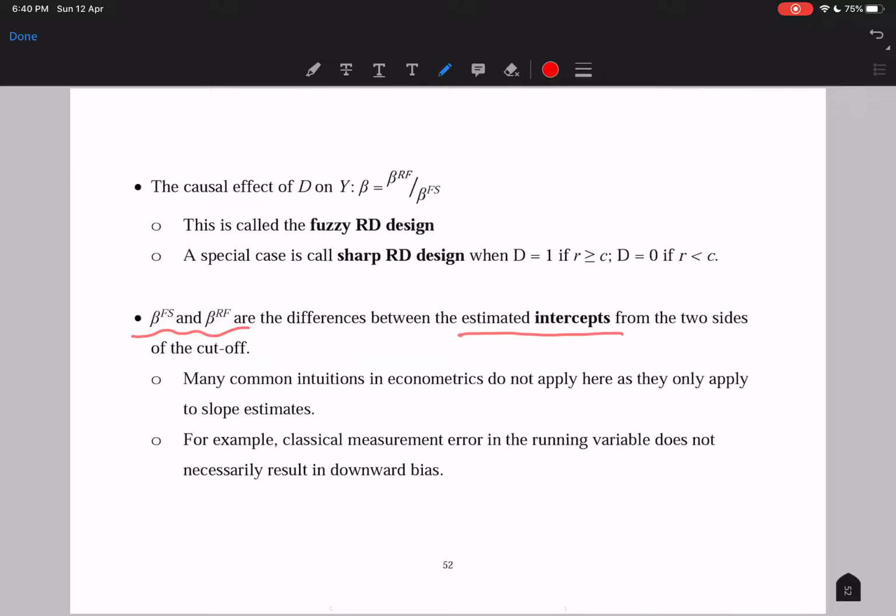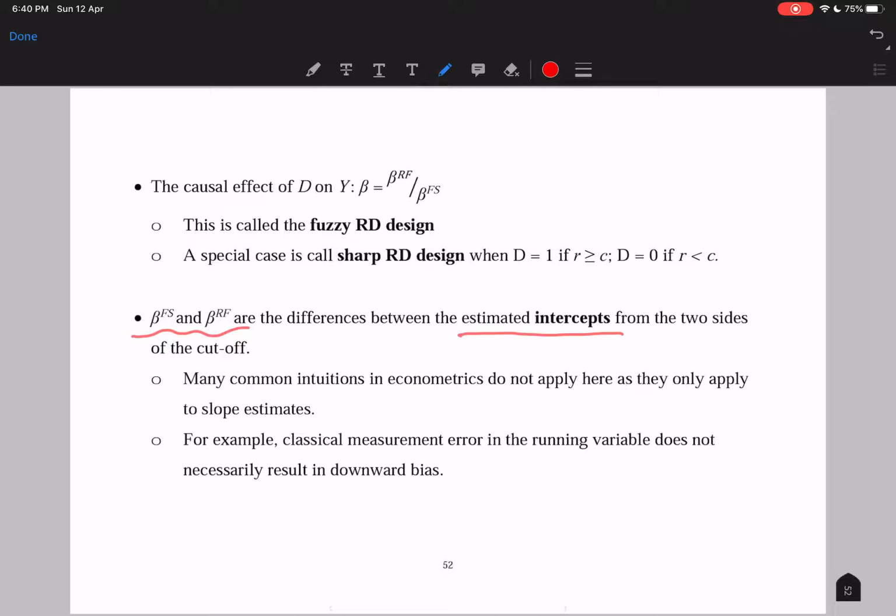So many common intuitions in econometrics actually don't apply here. For example, we talked about before the classical measurement error. The measurement error is a random error that in general will cause downward bias in the slope estimate. But in the RD framework, if you have some measurement error in your rounding variable, that does not necessarily result in downward bias.